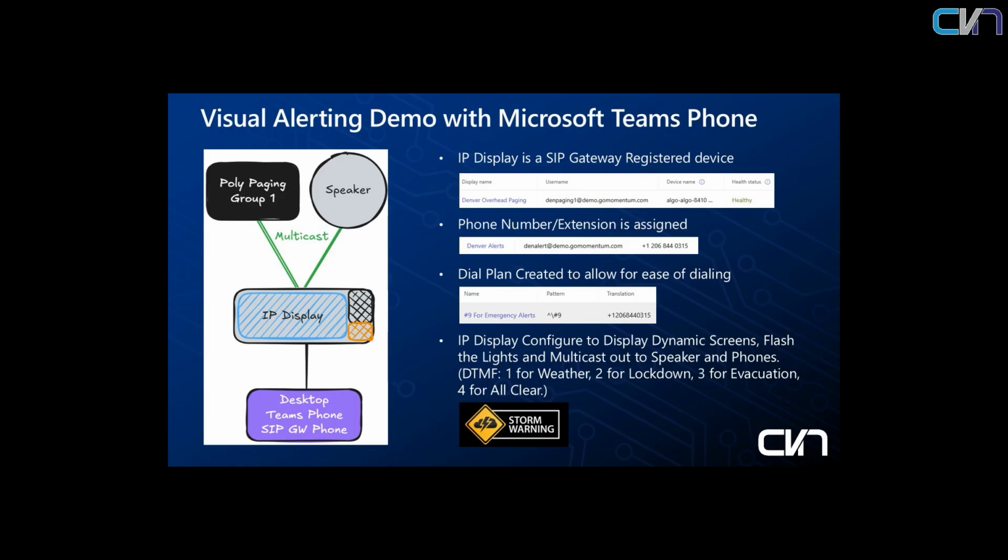Okay. To thank our good friend Scott over at Algo, he sent this package to me so I didn't have to do all the hard work. So #9, I'm going to get a tone here, and then I'm going to press 1. And it's also multicasting through the phones, the speaker, and off the board.